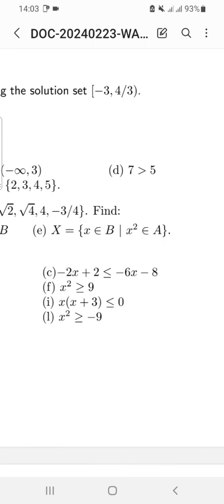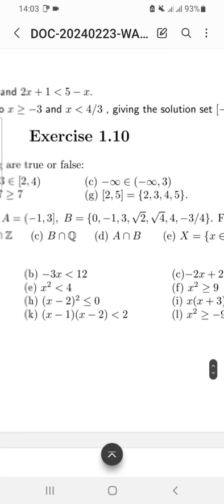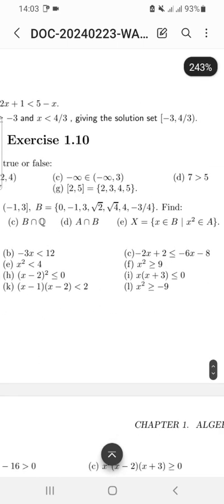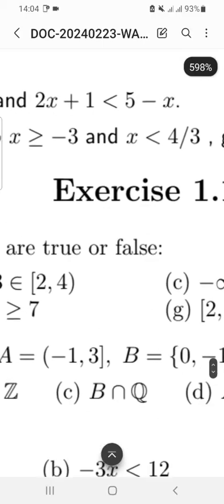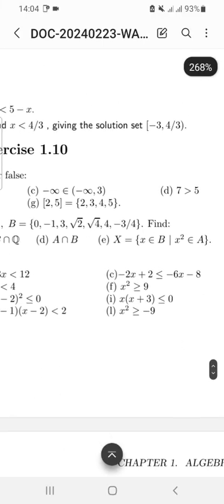And if you square it, it must be an element of A. That will be one of the numbers in the set E, okay? So let's say B is 0, right? 0 squared is 0, which is not anything in A, okay? You have to get minus 1 and 3, right?